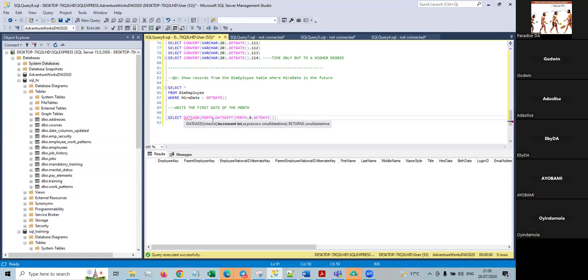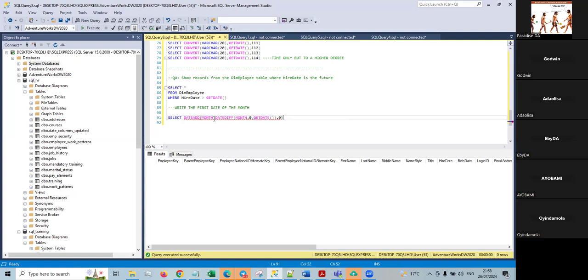Zero. Month. Date add. Why is this underlined?